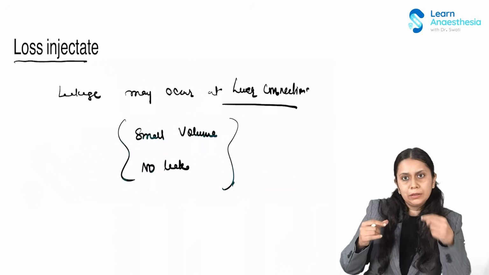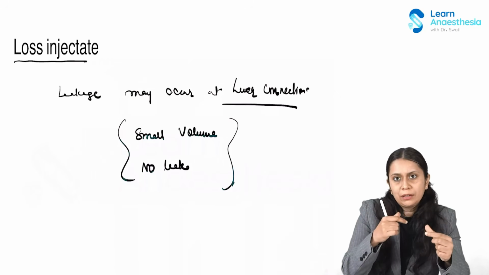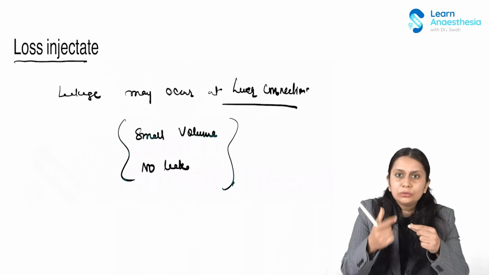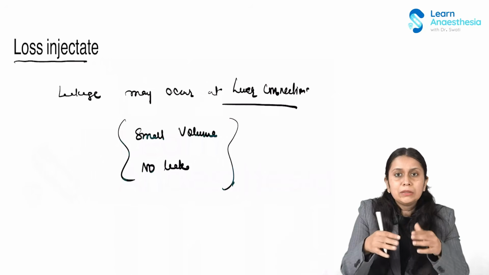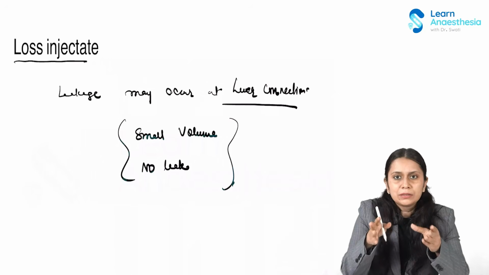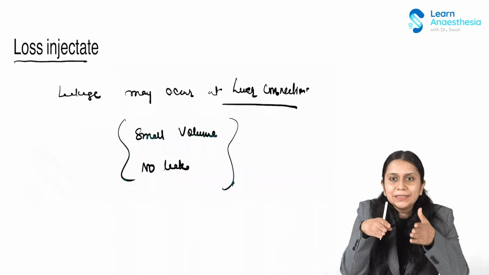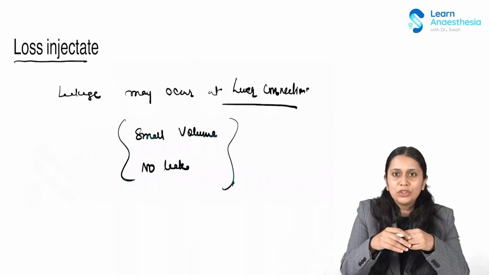Number of times we aspirate and we check whether the CSF is coming or not after connecting the syringe to the spinal needle. So that is one of the most common points, let's say, at which the malpositioning of the needle happens. The needle gets a little pushed or the needle gets a little pulled, and that causes malpositioning of the needle.